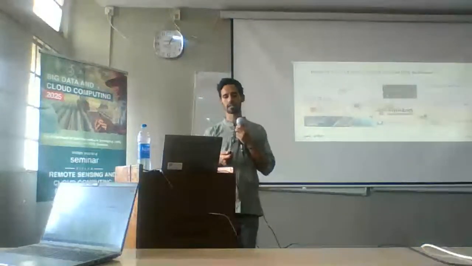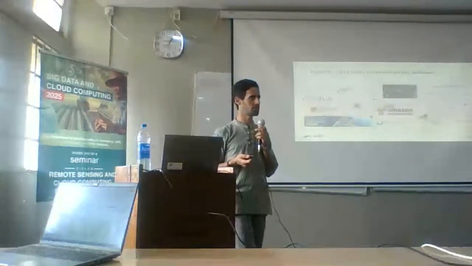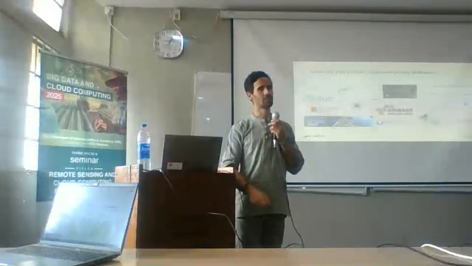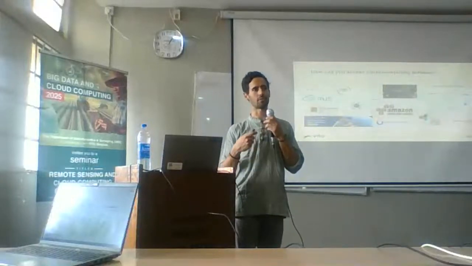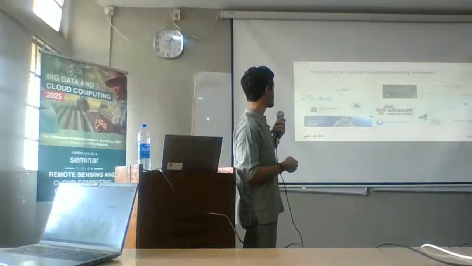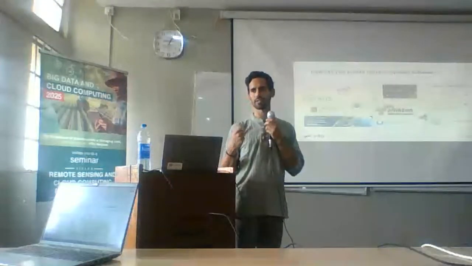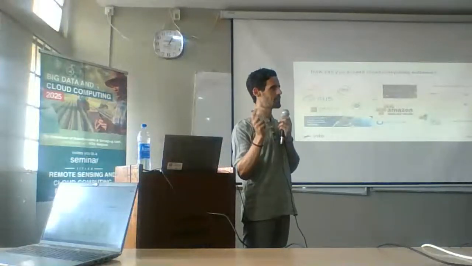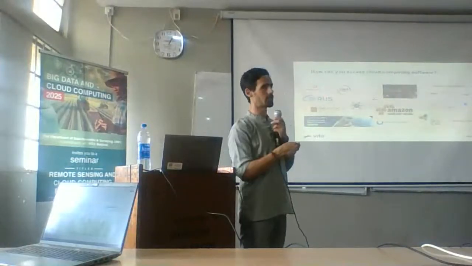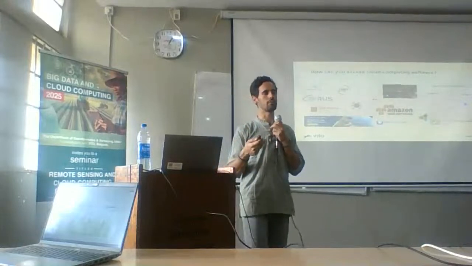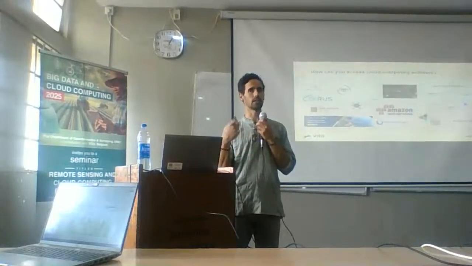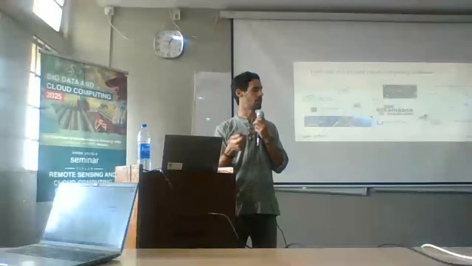How can you access this cloud computing software? There is a huge variety of providers. Kun and I will talk specifically about two of them, and the first is Google Earth Engine. This is probably the most accessible cloud computing option.